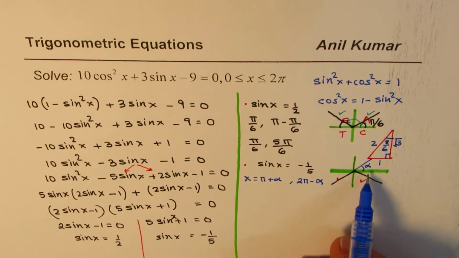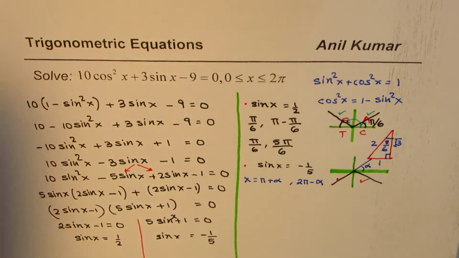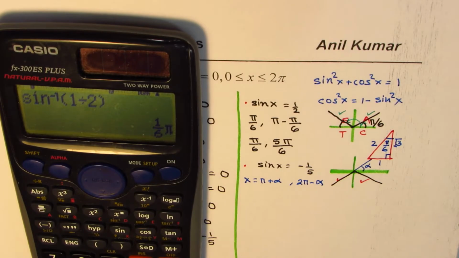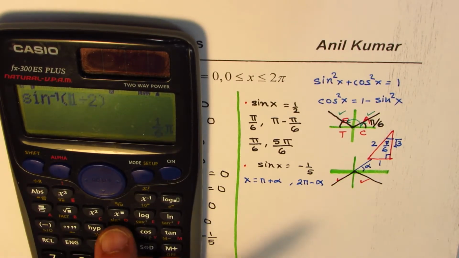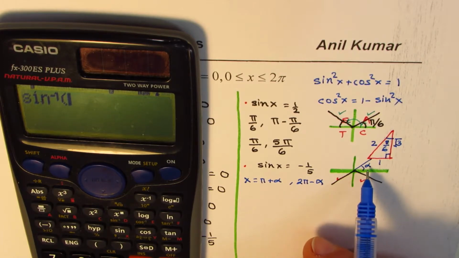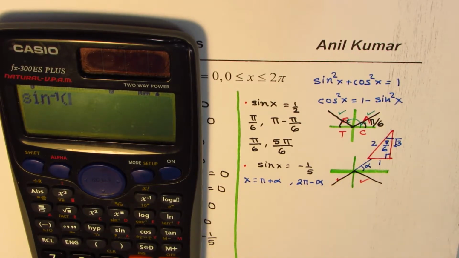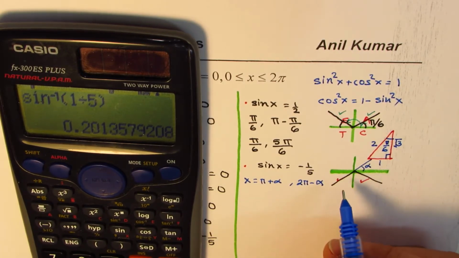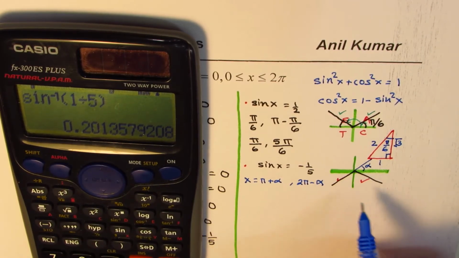So let's first find what alpha is. Okay, so we'll do sine inverse of 1 over 5. Since we are looking for the related acute angle, we'll take care of the sign later. That gives us an approximate value, which is 0.20.